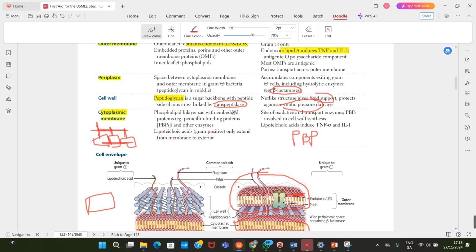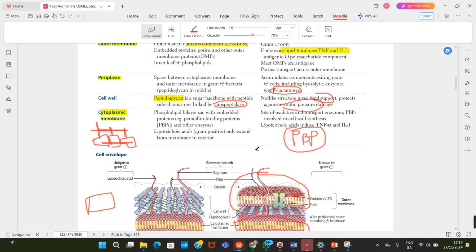But what is this protein that has transpeptidase activity? Penicillin binding what? Protein. So penicillin binding proteins have transpeptidase activity that can help to cross-link the peptide side chains.